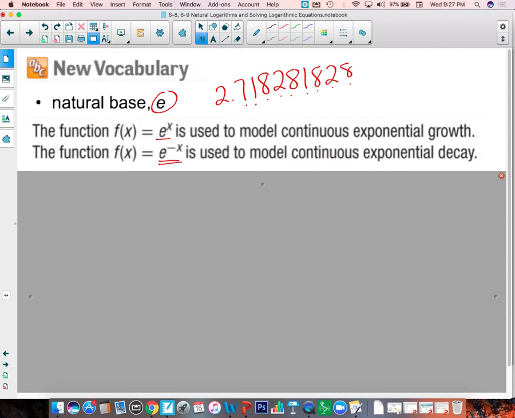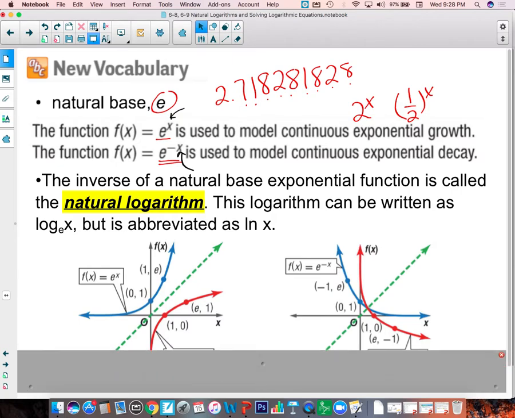So now, rather than thinking of, all right, that's a growth function, or, okay, this is a decay function, you're looking in the exponent. Okay? Positive exponents there, that's going to tell me that it's a growth function. Negative exponent right there, that negative x, tells me that it's a decay function. All right? So just know that e to the x is the growth and e to the negative x is decay. And I have the graphs here. This is what they look like.